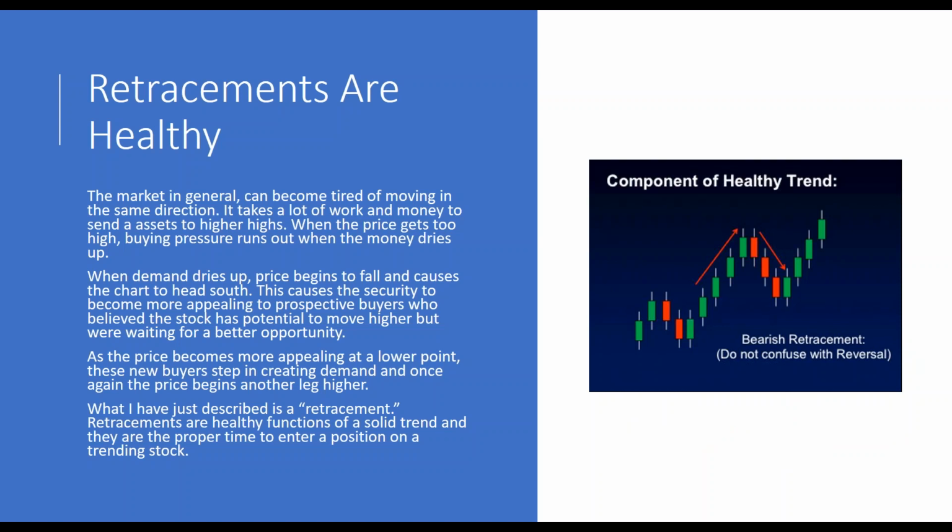Now, retracements are healthy. A good, strong trend will have continuous retracements. Okay, and we should see this in a nice, beautiful uptrend. Again, push and ease, push and ease, push and ease.